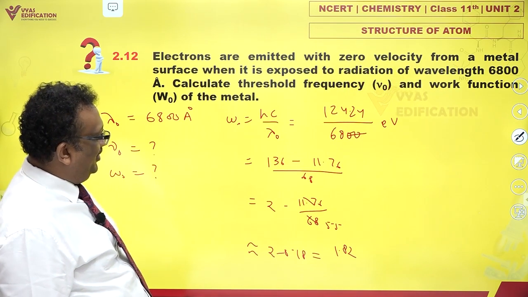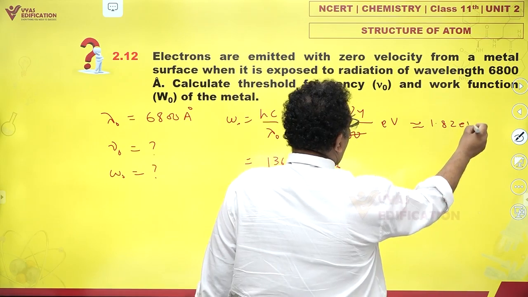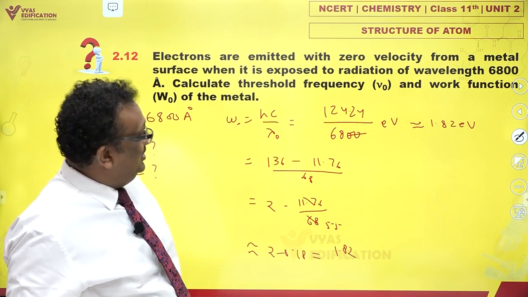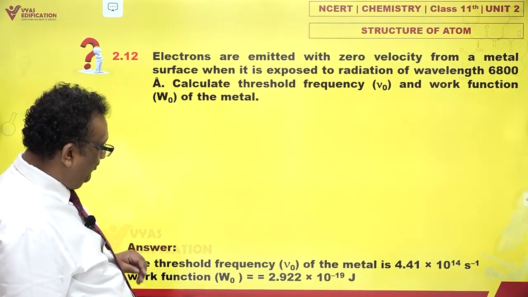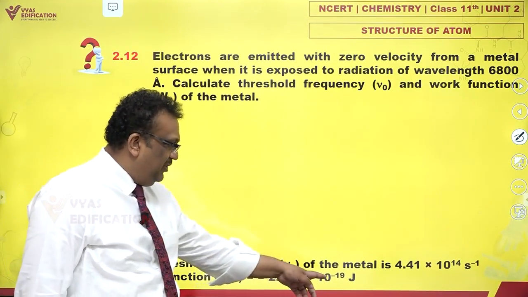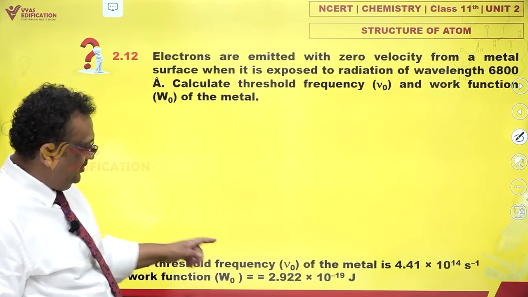Okay, fine. So this would be around 1.82 electron volts, very closely. This is going to be the photoelectric work function of the metal, around 1.82 electron volts. I have been given this in joules, but if you convert to electron volts, this is what we would get, right?